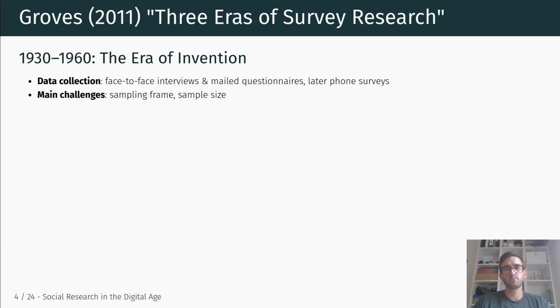The first era, from 1930 to 1960, is the era of invention. This is where survey research actually started.